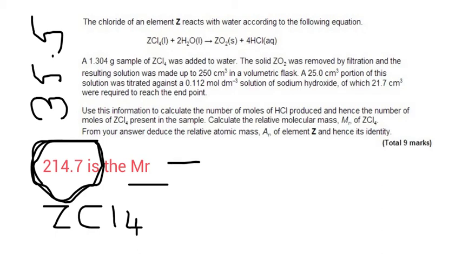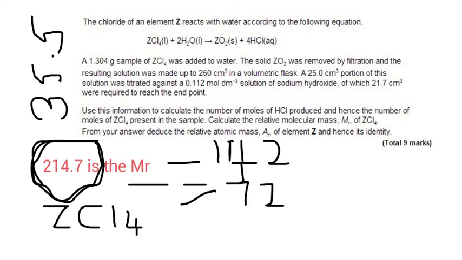So if we minus from that value 4 chlorines, each with a mass of 35.5, we're going to remove 142. Doing that as a calculation, that leaves us with a value of 72.7.